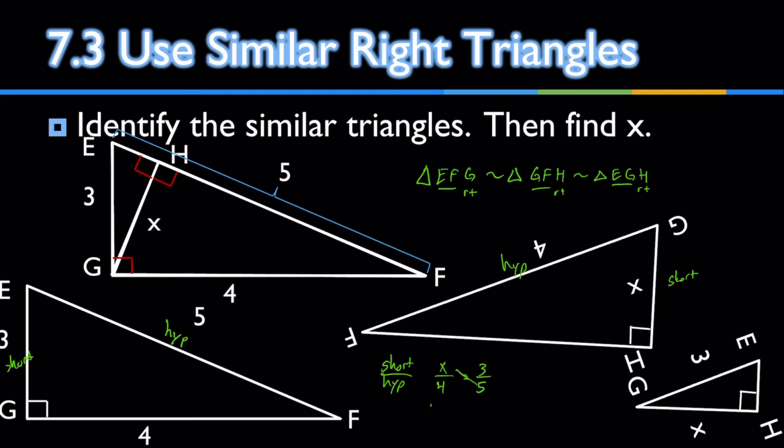Could cross multiply, 5x equals 12, and divide by 5, so x would be 12 over 5, which is the same thing as 2.4. We could have also used the small triangle and the biggest one and gotten the same answer.